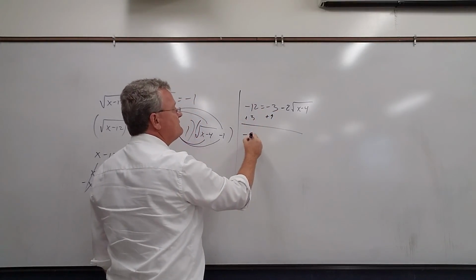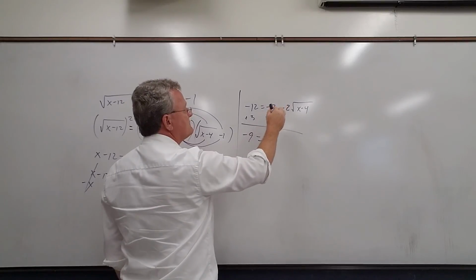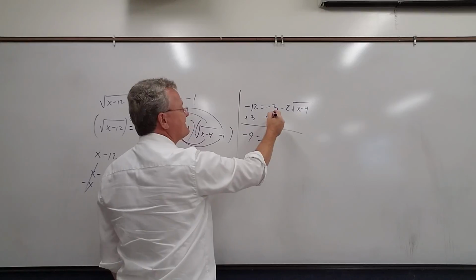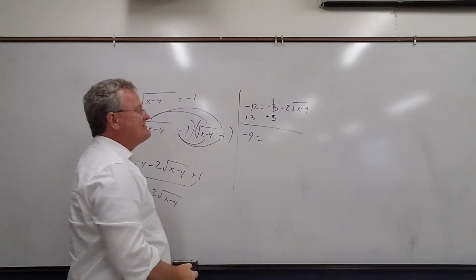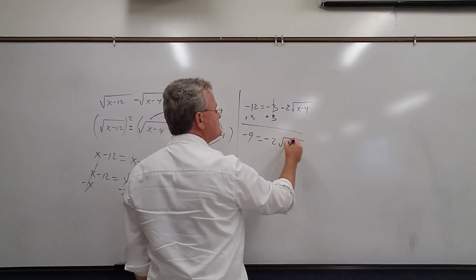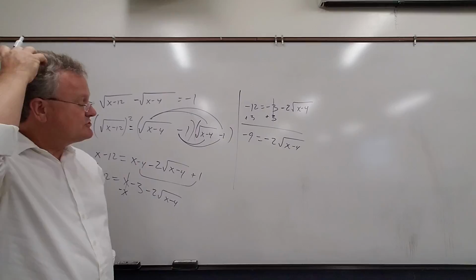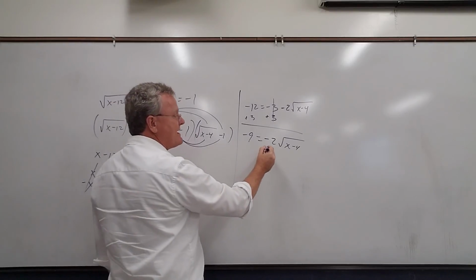Those add up to 0, and we get negative 9 equals minus 2 times the square root of x minus 4.